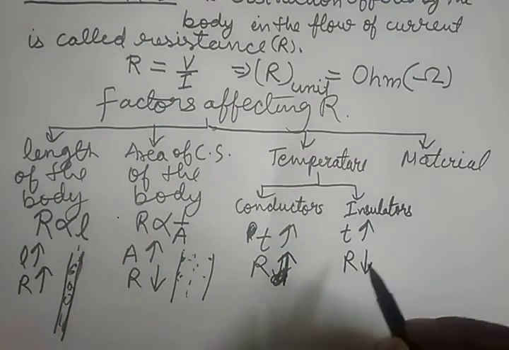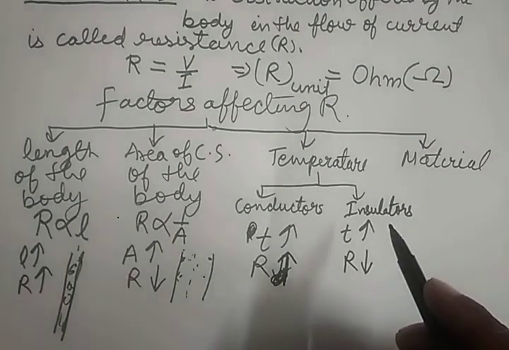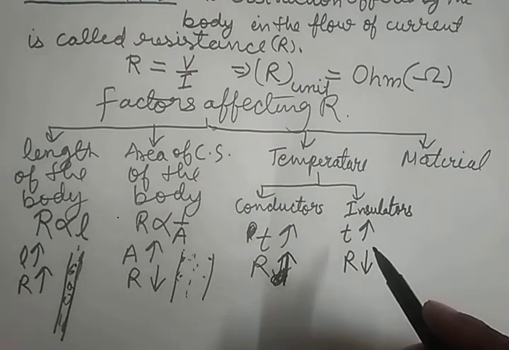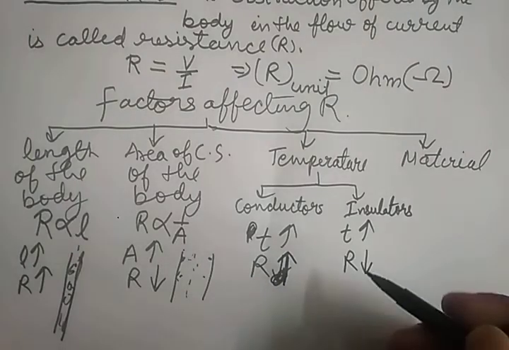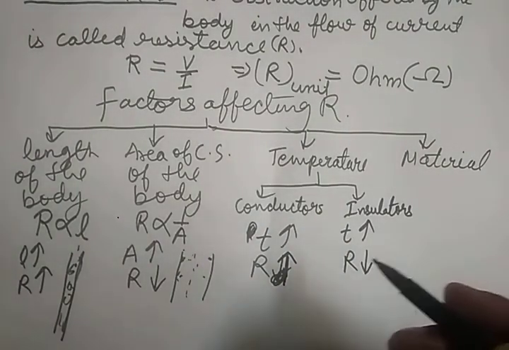Now why is there not that kind of problem here? In an insulator there are very few free electrons. So if temperature increases, there are more free electrons and it becomes more conducting, so resistance decreases.